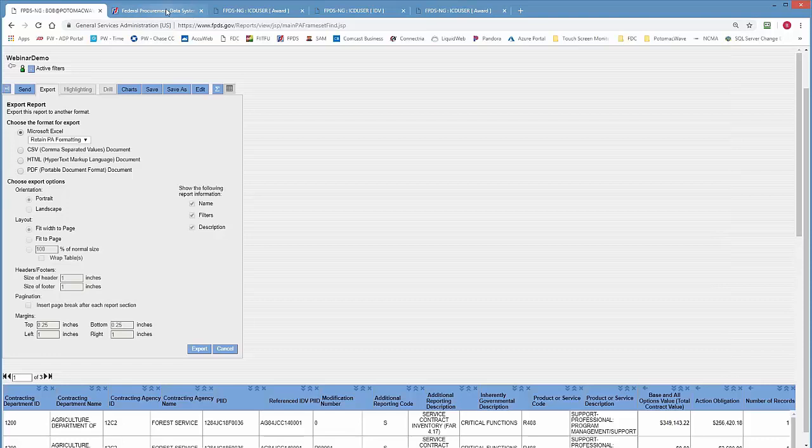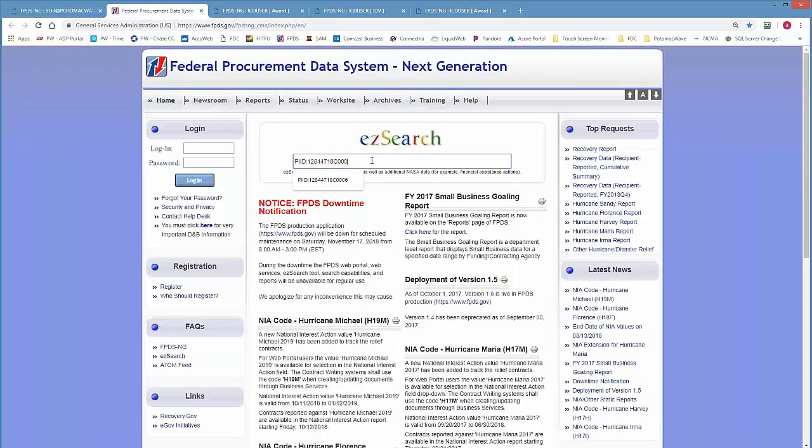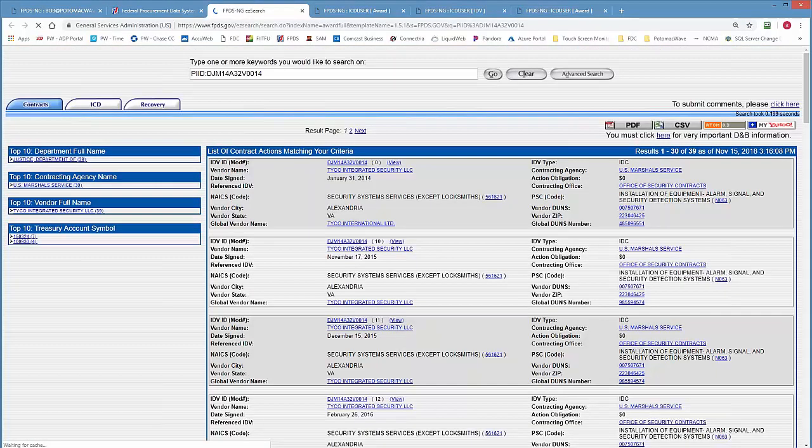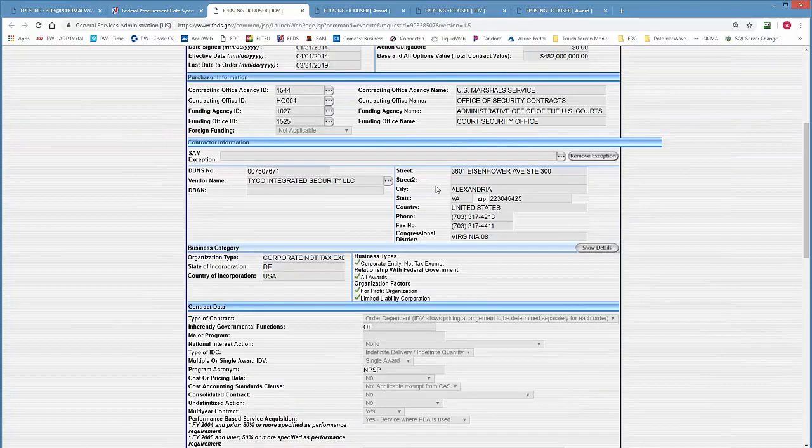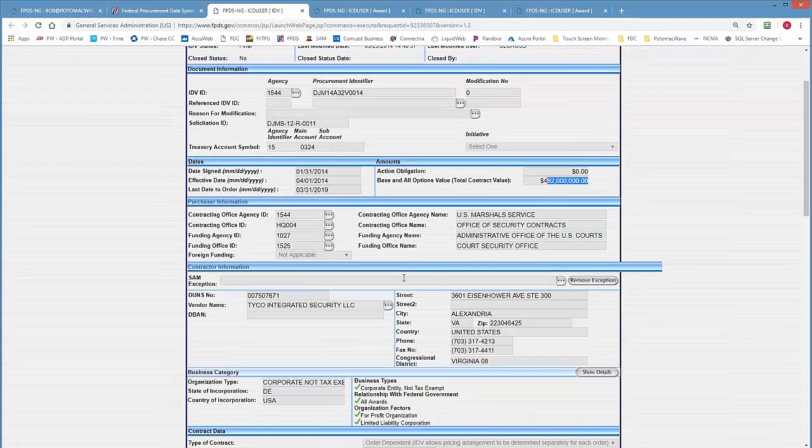So by setting up this report, by pulling in the PSC code, the department, the baseline option value, and filtering it by the new fields 7G and 16, you can come up with this one, which is the high dollar value.